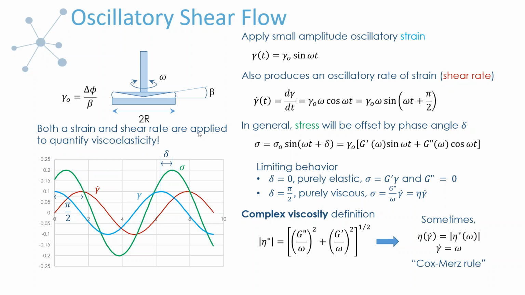Okay, so we did get a question, and the question is, can we use this Cox-Merz rule to get viscosity at high shear rate? So I think what you mean is, can we get data at high frequencies and assume that that is equivalent to data at high shear rates?